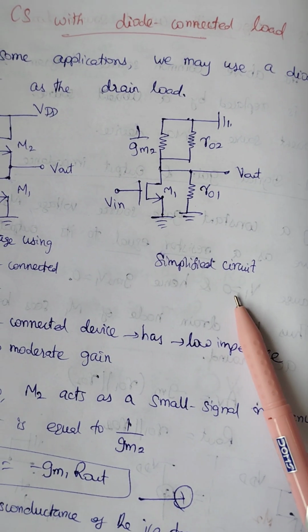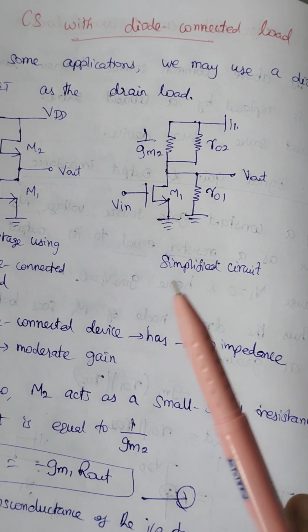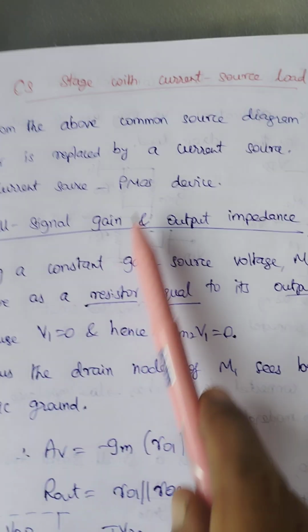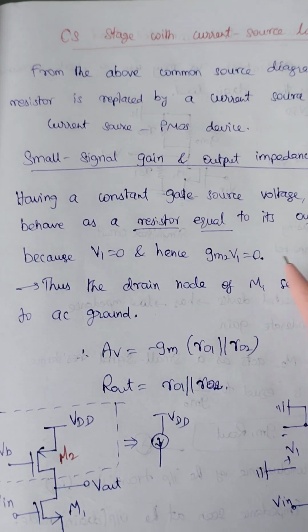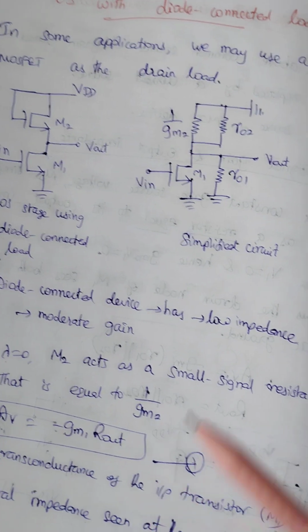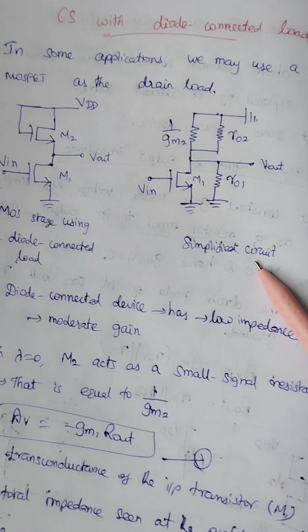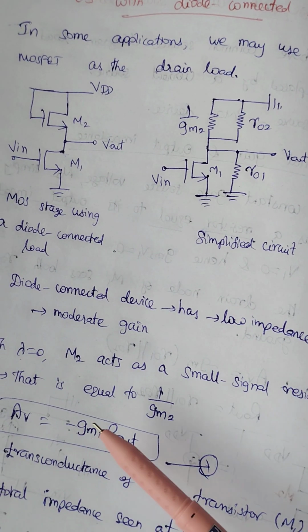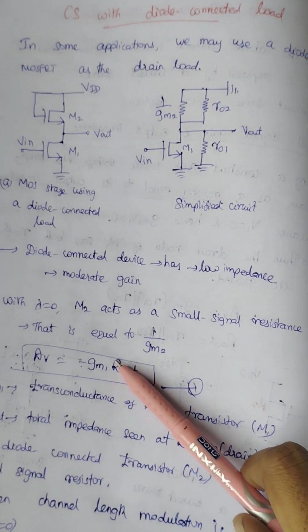So here we have discussed two different things: the common source stage with current source load, with its gain and output impedance, and the common source stage with diode connected load, with its gain.